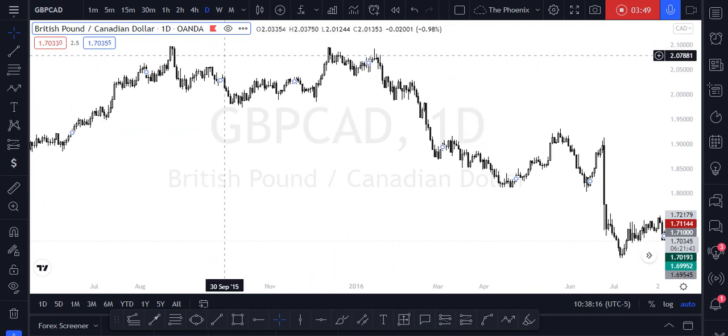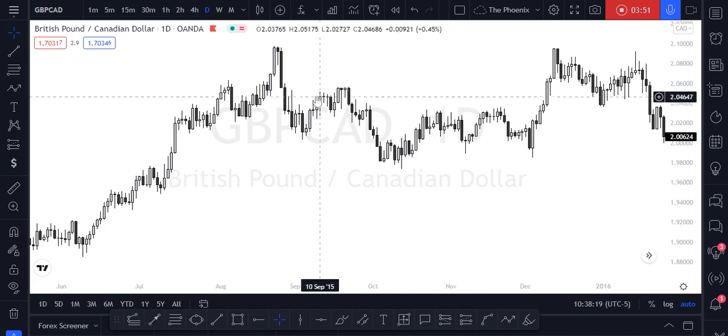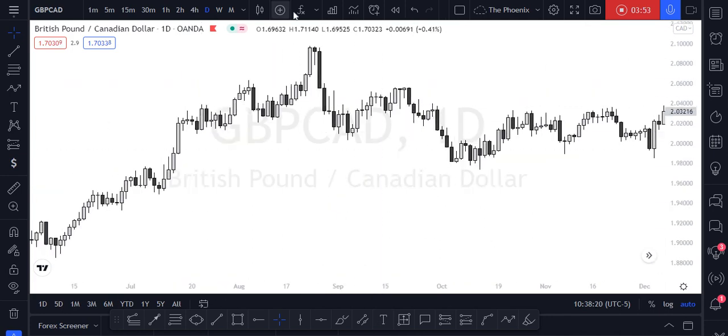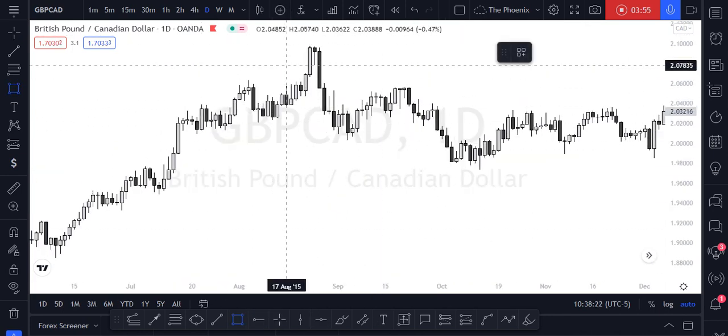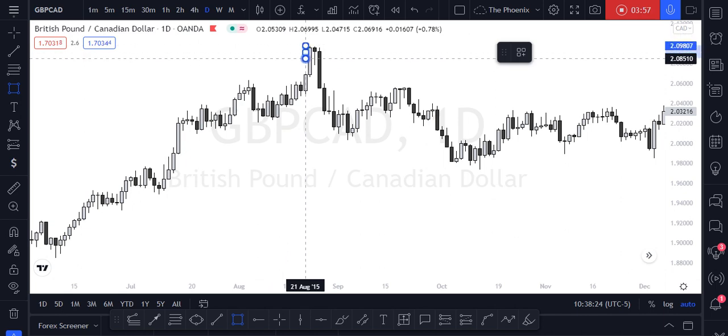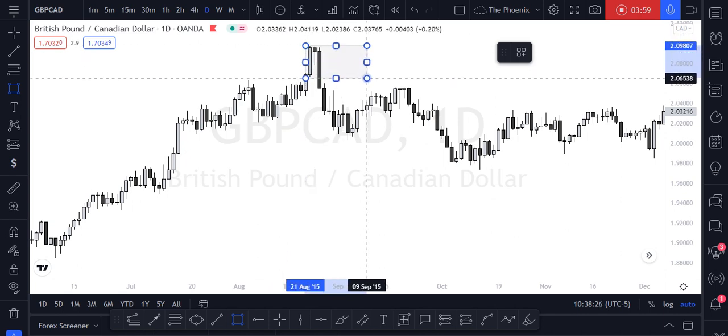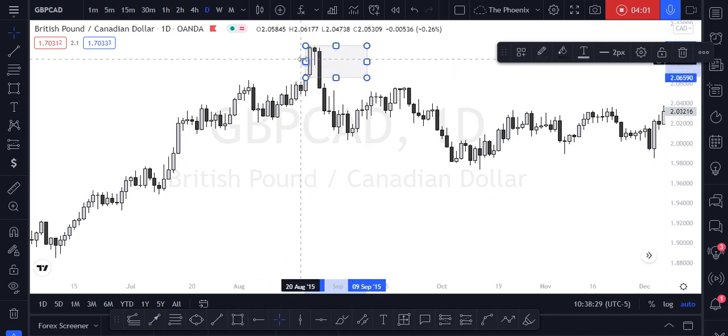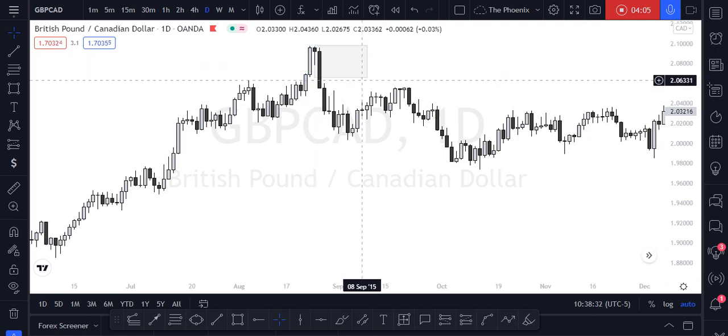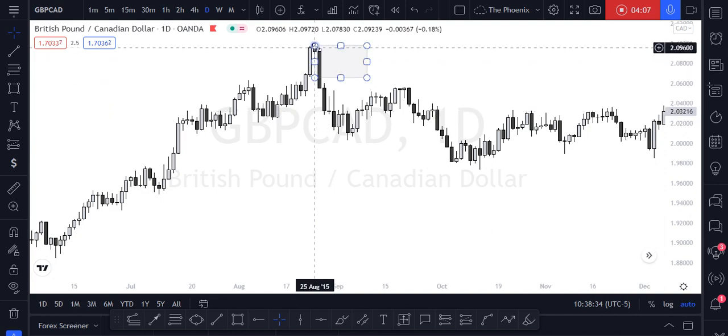So this is an order block here, which would have caused this move down. It's the last bullish candle. In this case, this is a bearish order block. So it's the last bullish candle before the down move. You would have noticed that the candles are large.